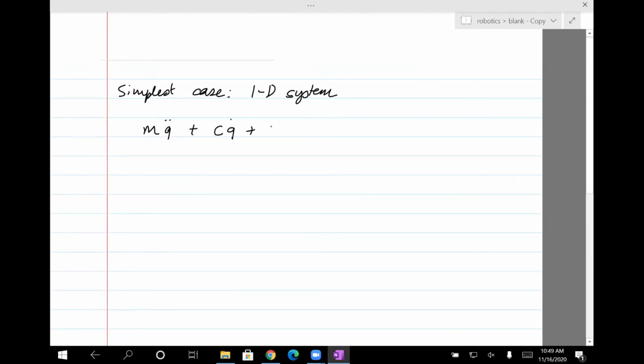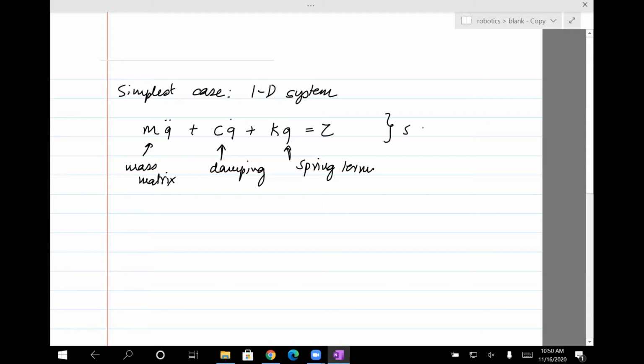And for the gravitational term, we'll just take a spring force, equals tau. So this is basically damping. This is like a spring term. And then this is the mass. So effectively, this system is like a spring mass damper system.